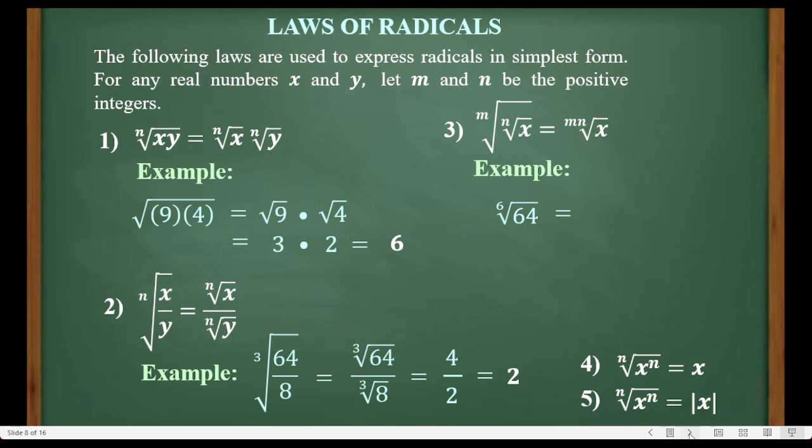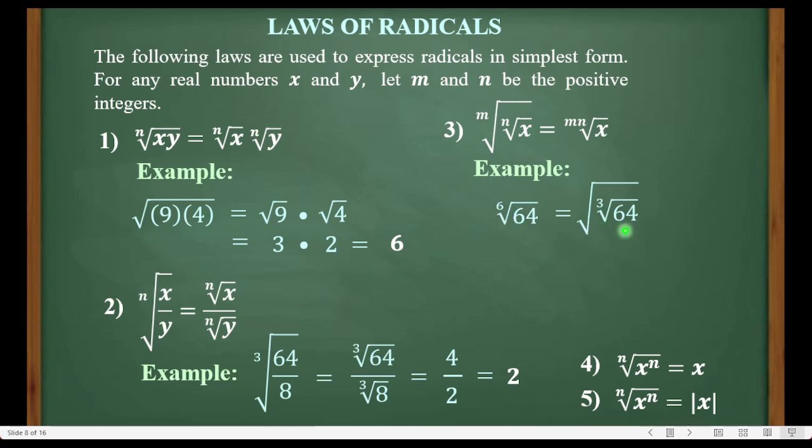Now the 6th root of 64 can be transformed into a nested radical. Now this given radical is the same as the square root of the cube root of 64, because if we're going to multiply the inner index 3 to the outer index 2, which is not written in radical form, the product would be 6.